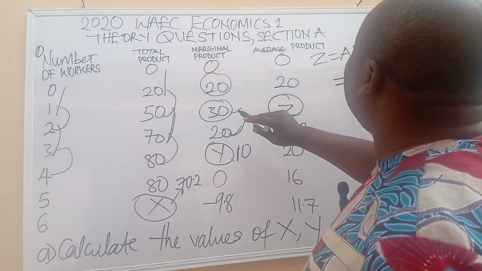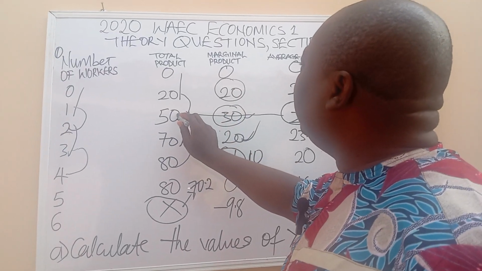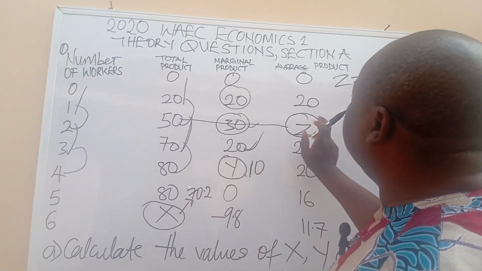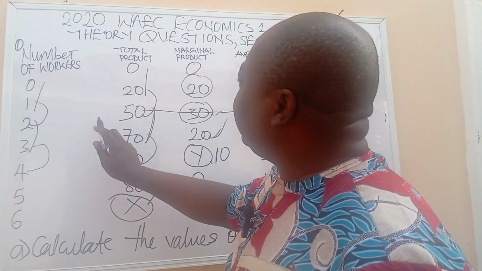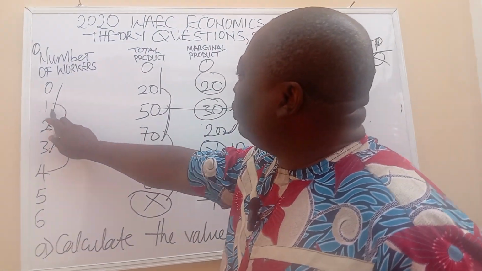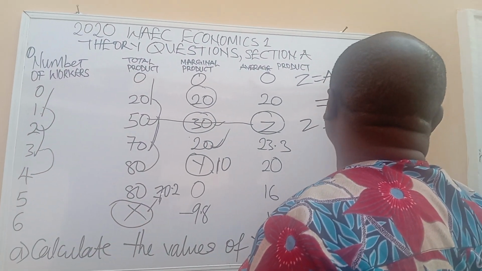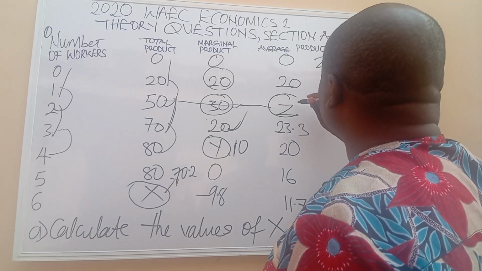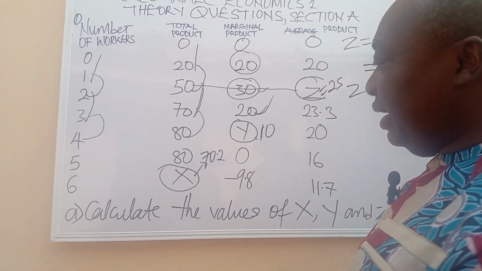So to calculate average product, which is Z, the total product for this is 50. Then the number of workers is 2. So divided by 2, Z is 25. So this place is 25. We are done with A.